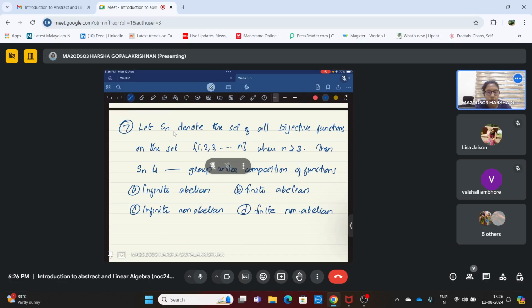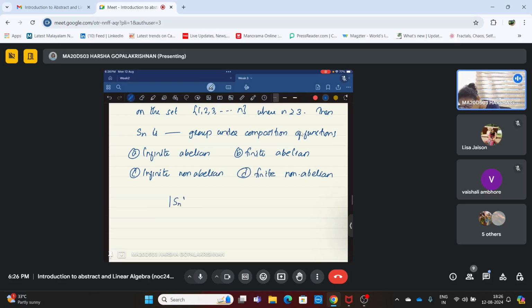Sn is the set of all bijections from 1 to n to 1 to n. So the cardinality of Sn is the number of bijective maps from 1 to n to 1 to n. We have already seen that the cardinality of Sn is n factorial.